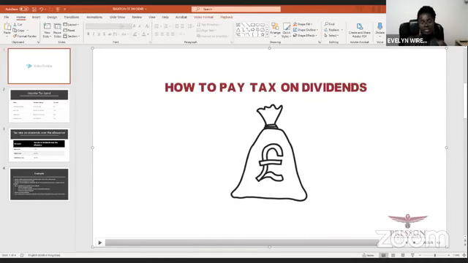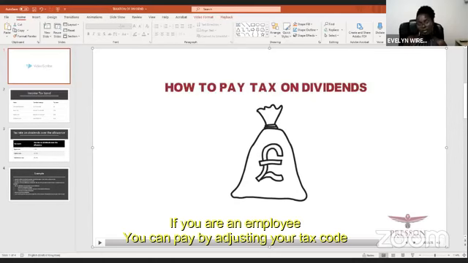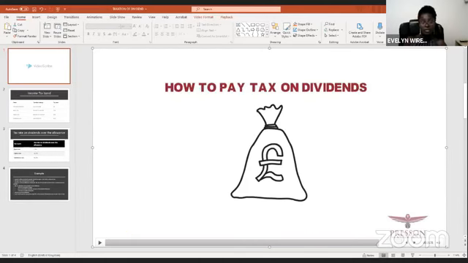So let's say in the tax year 2020-21, your dividend was up to 10,000 pounds. Here, assuming you are just an employee and not a company director, you have shares in companies and you had a dividend of up to 10,000 pounds.